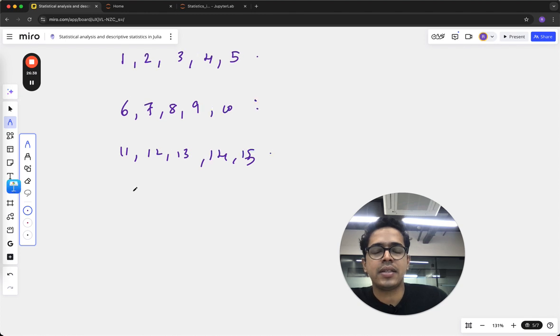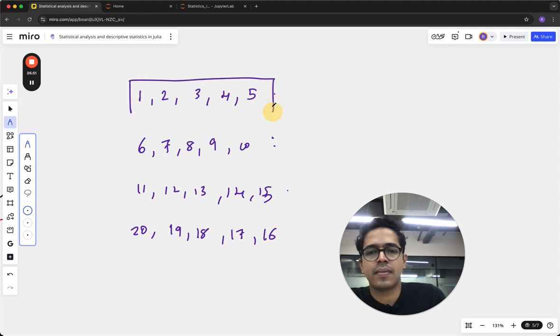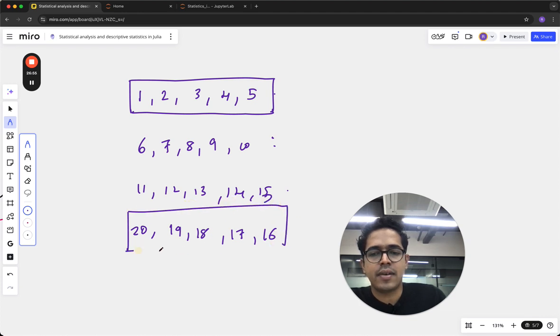But now imagine you had another set of numbers like 20, 19, 18, 17 and 16, right? Now if you look at this set and this set, whenever the number in this set is increasing from 1 to 2, 2 to 3, 3 to 4, this is actually decreasing.